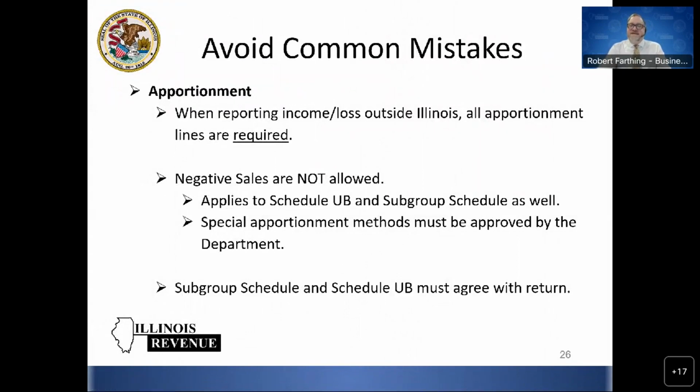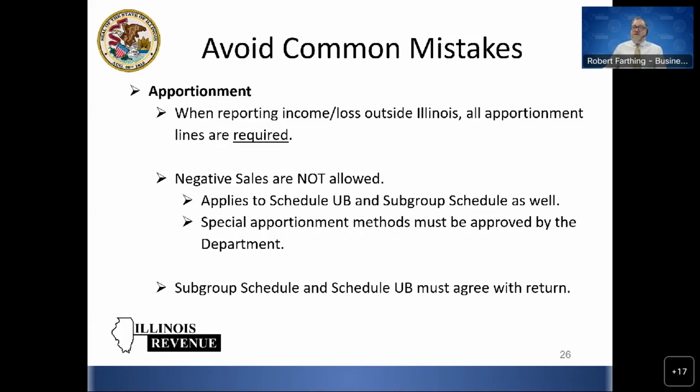We also see common mistakes in the apportionment section of the return. First of all, when you are reporting any income or loss outside of Illinois, you must complete all 3 apportionment lines of the return: the total sales, the total Illinois sales, and the apportionment factor.